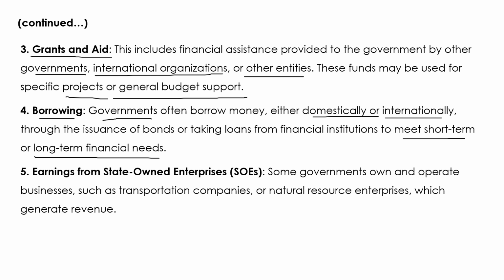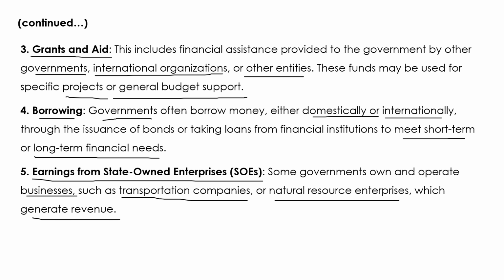Next one is earnings from state owned enterprises. Some governments own and operate businesses such as transportation companies or natural resource enterprises which generate revenue. So these come under non-tax revenue.